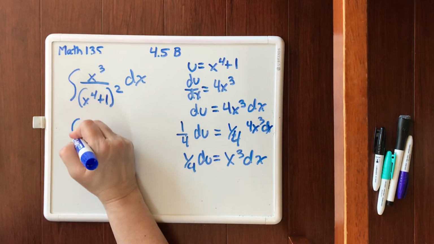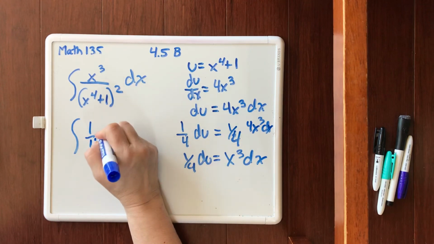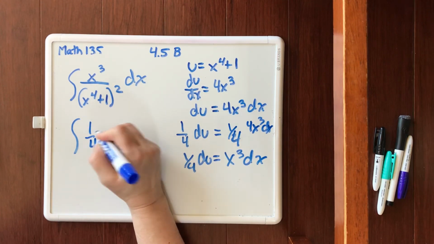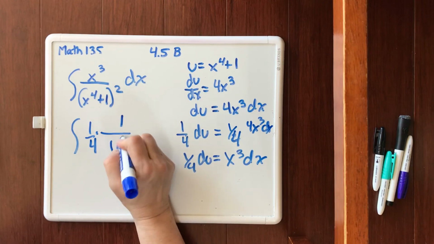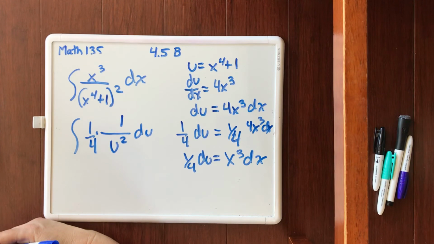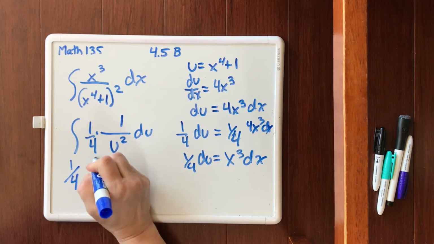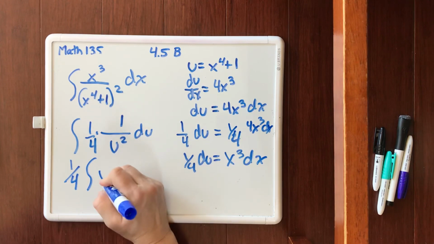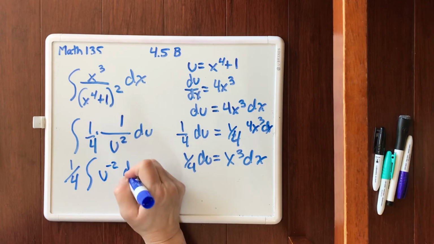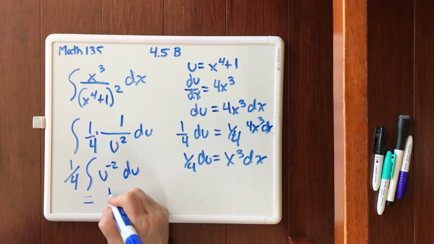So when we write our integral, we're going to have 1/4 times 1 over u squared du. Okay, we can pull out the 1/4. We can bring up our u squared to -2 du, and then we can begin our integration. We have 1/4.